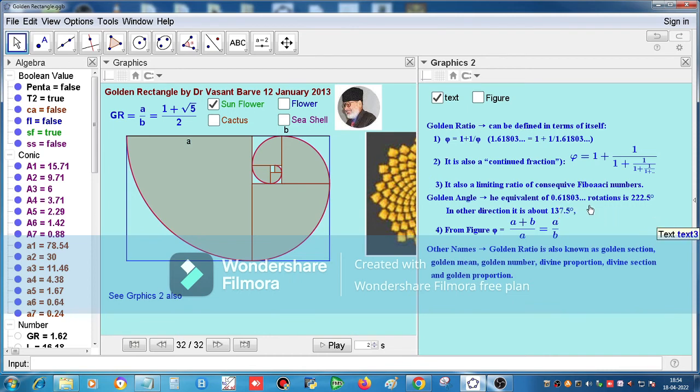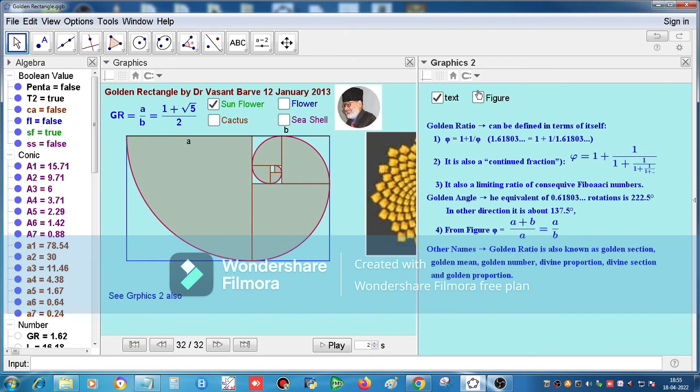Now it has a rotation of 225 degrees in one direction, and in the other direction 137.5. Then from the figure, (a + b)/a = a/b. The other names of the golden ratio are golden section, golden mean, golden number, divine proportion, divine section, and the golden proportion.